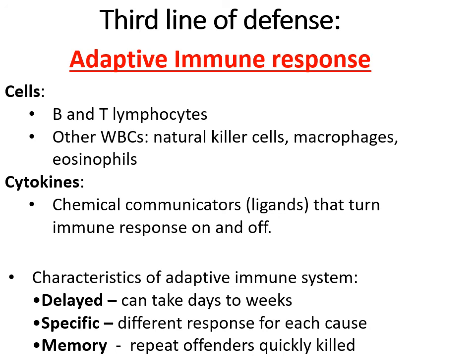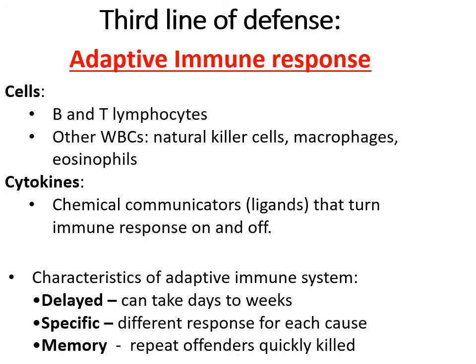So what are the characteristics of the adaptive immune system? Well, it's delayed. Okay, so if it's never seen the infection before or the antigen, it's going to take days to weeks to mount a specific response. The response is very specific to that particular invader. And a memory.